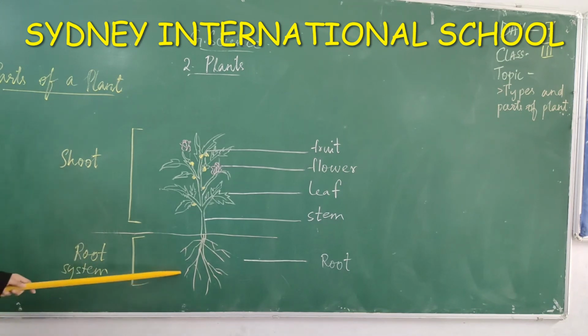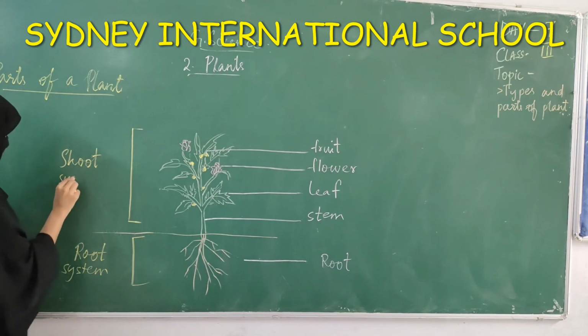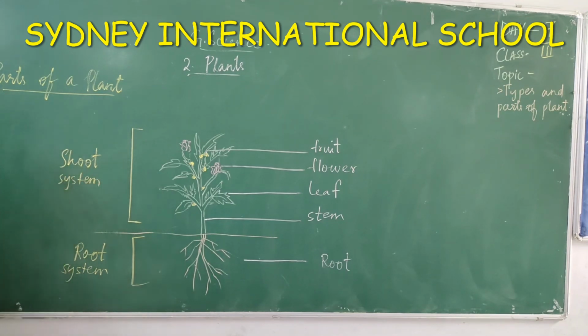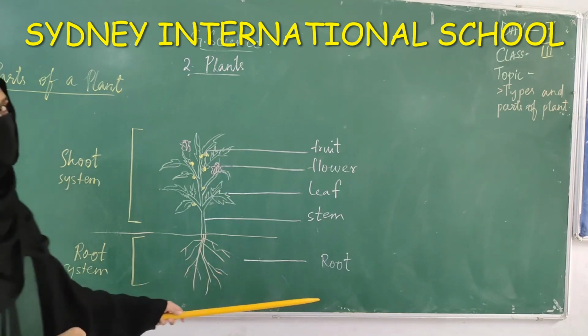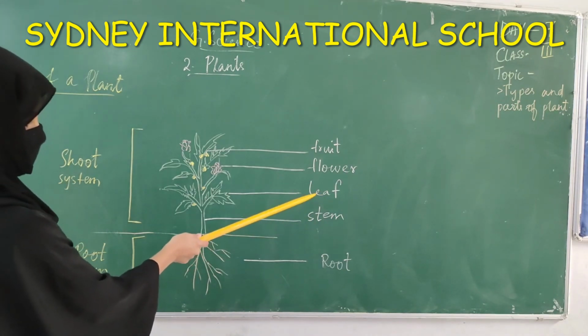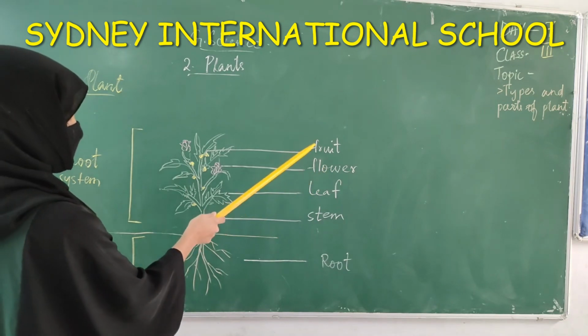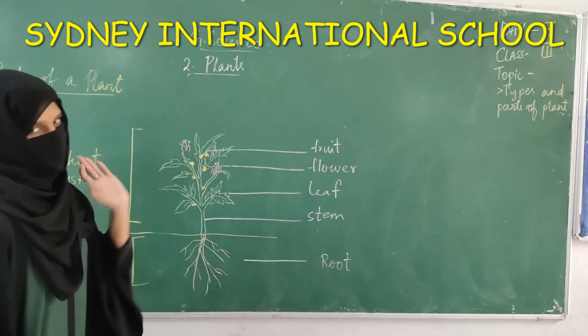And all the parts of the plant that grow above the ground come under the shoot system. Now, what are the parts in the root system? Only one part, that is root. Next, what are the parts of the plant in the shoot system? There is stem, leaves, flower, fruit, basically every part that is above the ground.